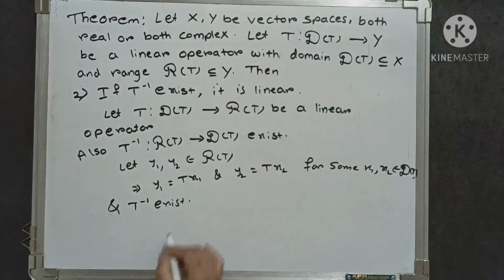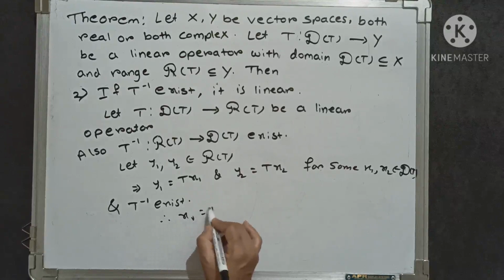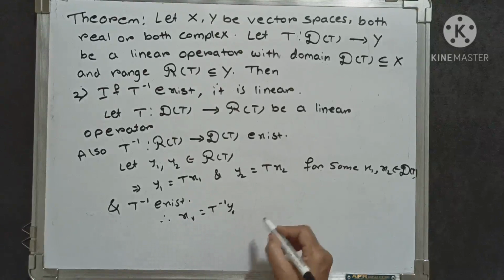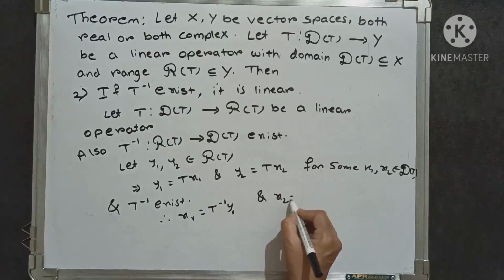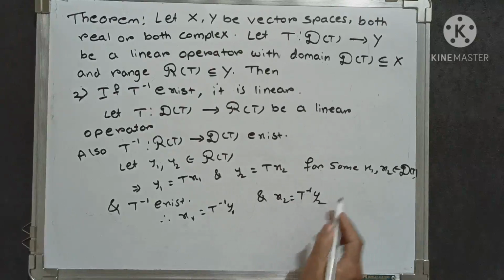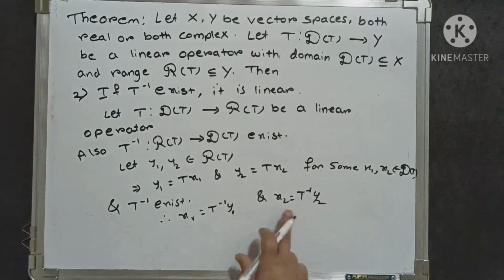As T inverse exists, we may write x1 equals T inverse of y1 and x2 equals T inverse of y2. Therefore we get the values of x1 and x2.